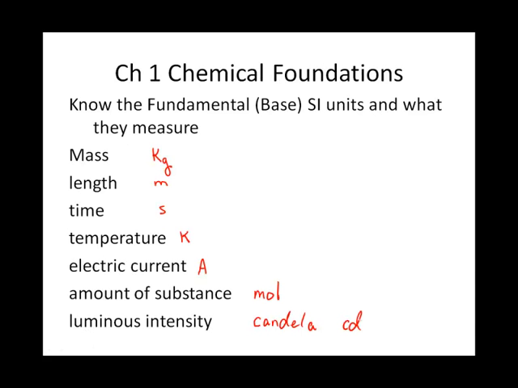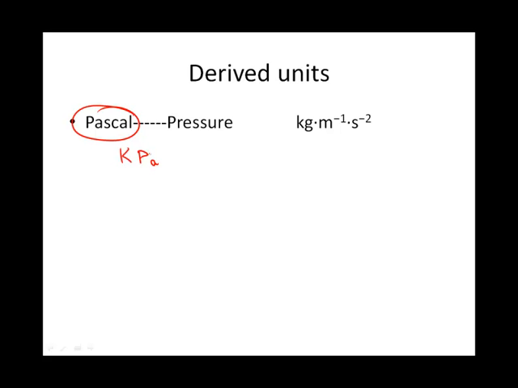So we can take those base units. Every other measurement that you can imagine is made up of these base units. For example, a Pascal that we use to measure pressure, and often we do things like kPa for kilopascals, and you probably remember that standard pressure in kilopascals is 101.3 plus a little bit more.